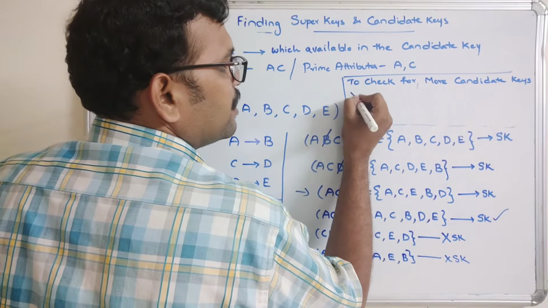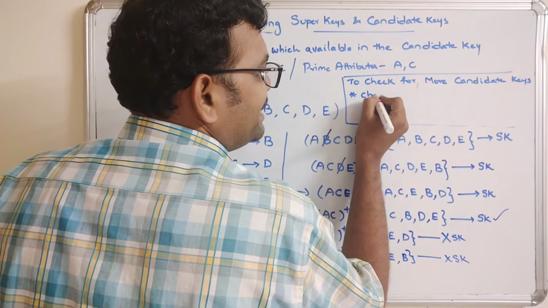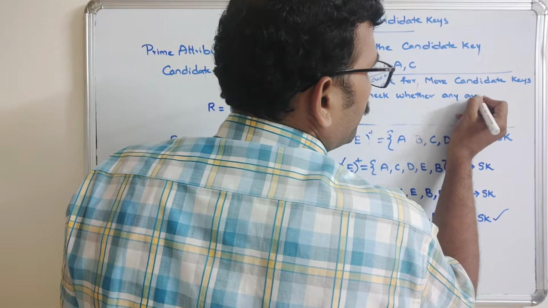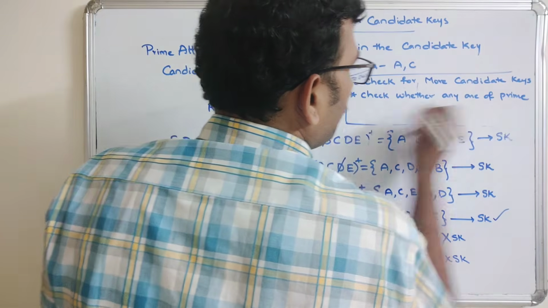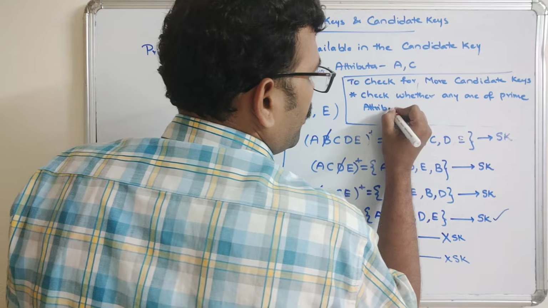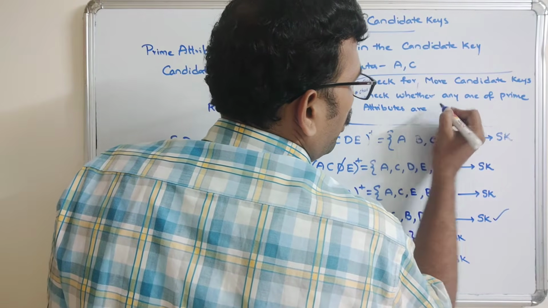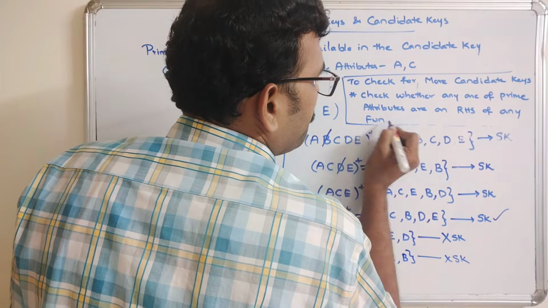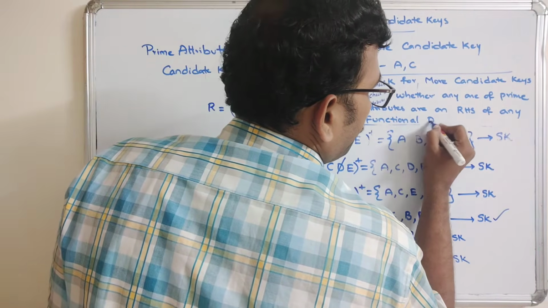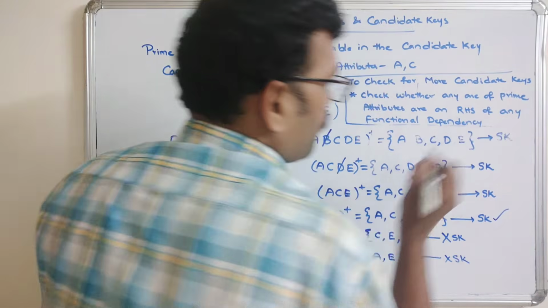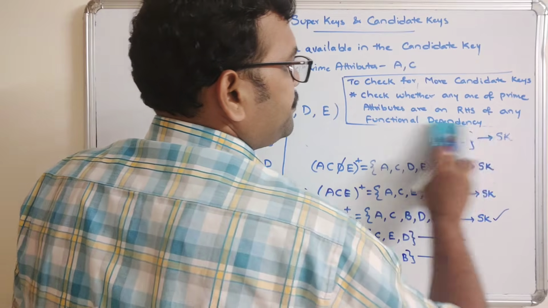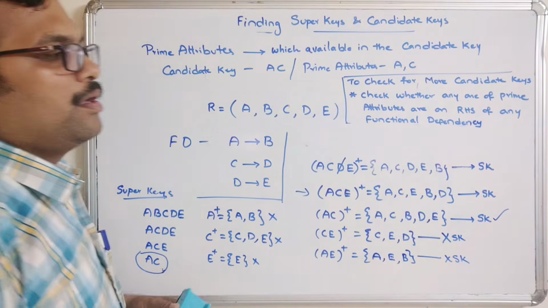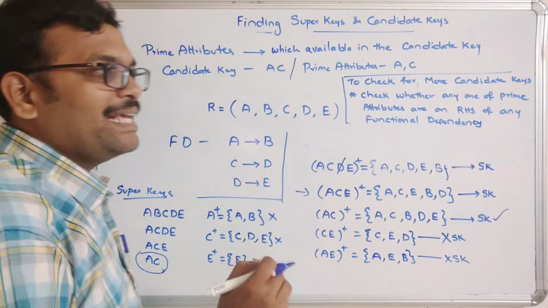To check for more candidate keys, the first step is to check whether any one of the prime attributes is on the RHS of any functional dependency.